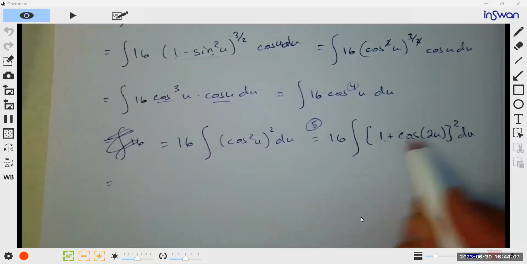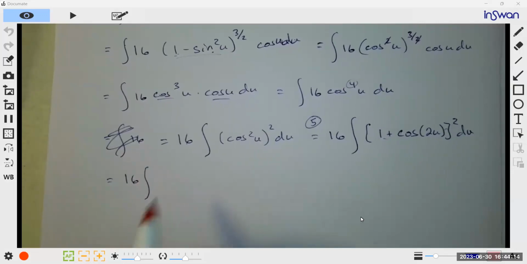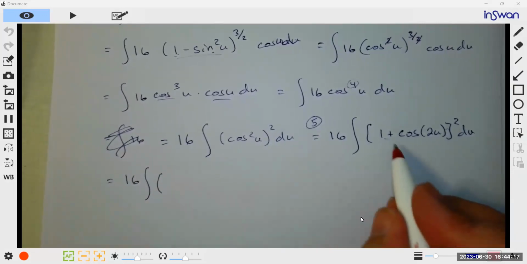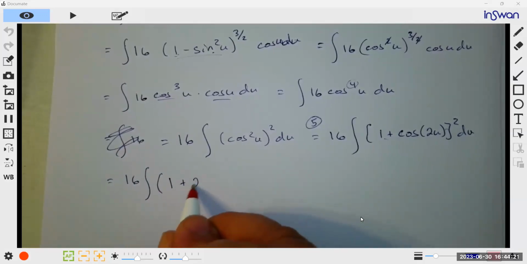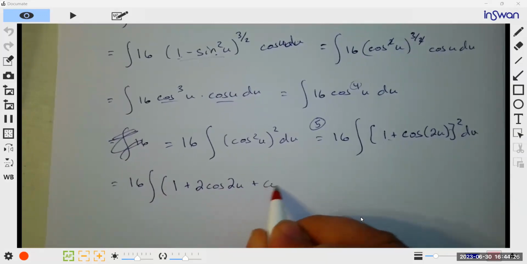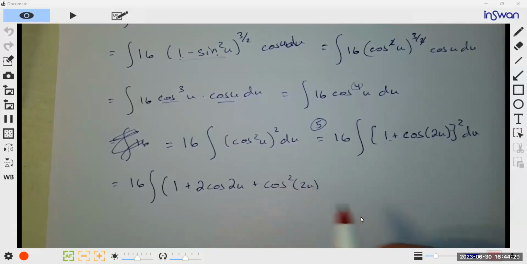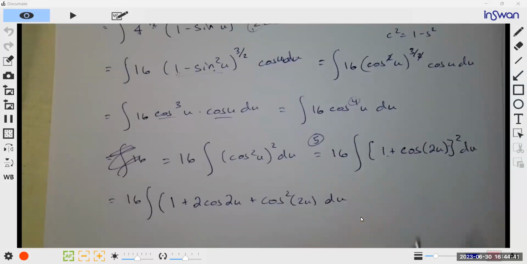Now we have to expand this. It becomes 1 plus cosine 2u times 1 plus cosine 2u, which is 1 plus 2 cosine 2u plus cosine squared 2u du. Got the 1/2 here.